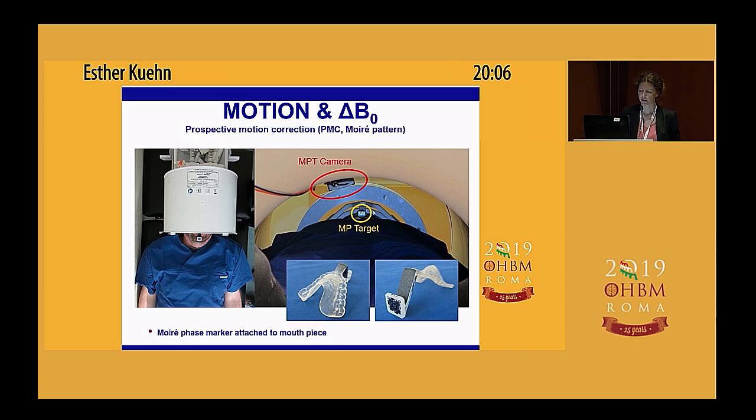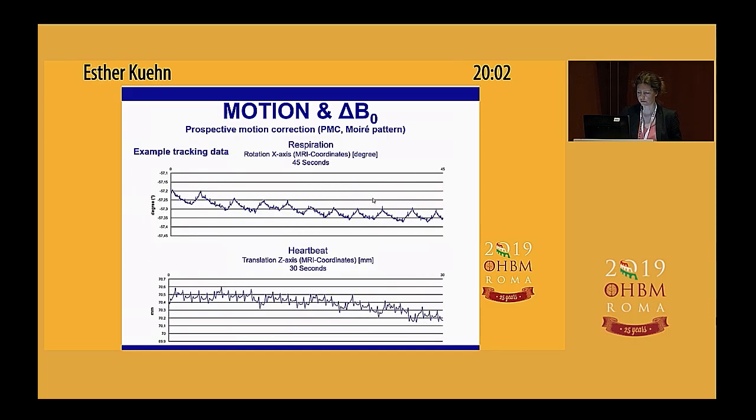The camera can then track the motion in 6 degrees of freedom. This is just an example of the tracking data, which are highly accurate. So they have an accuracy of around 0.01 millimeters. And they're so accurate that they can even detect single heartbeats that make your brain pulsate, actually. So they're highly accurate.